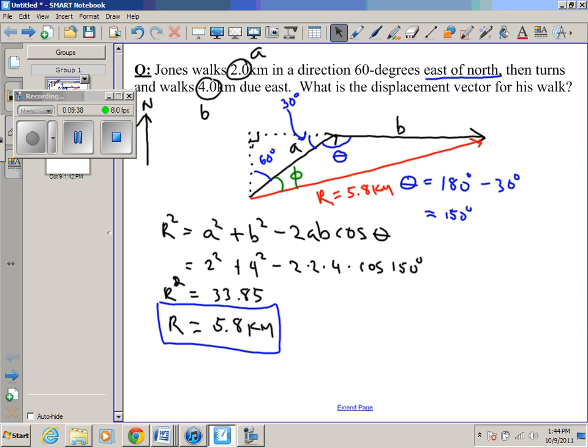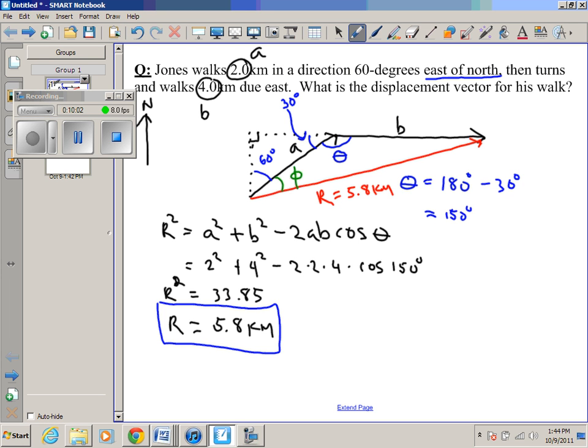Here is Jones walking. We want to figure out this angle phi in this problem. So to find phi, I'm going to take into account that I know theta. Theta is 150 degrees. I know r is 5.8. I know the length of vector b, that's 4, and I know that phi is the angle opposite that.